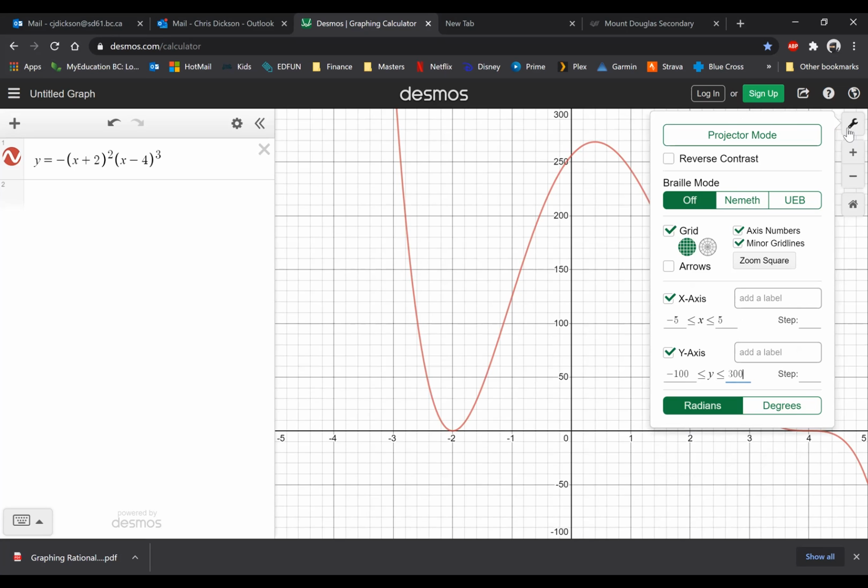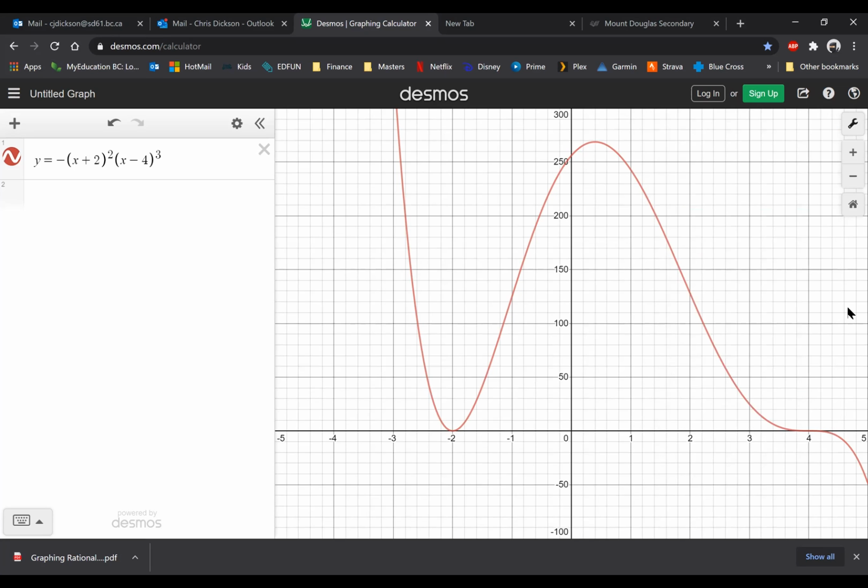Let's close that down. And once again, maybe you want to expand it over here to see more of the graph, see what it kind of looks like. And then you can add other functions on here, but they may not all scale the same way.